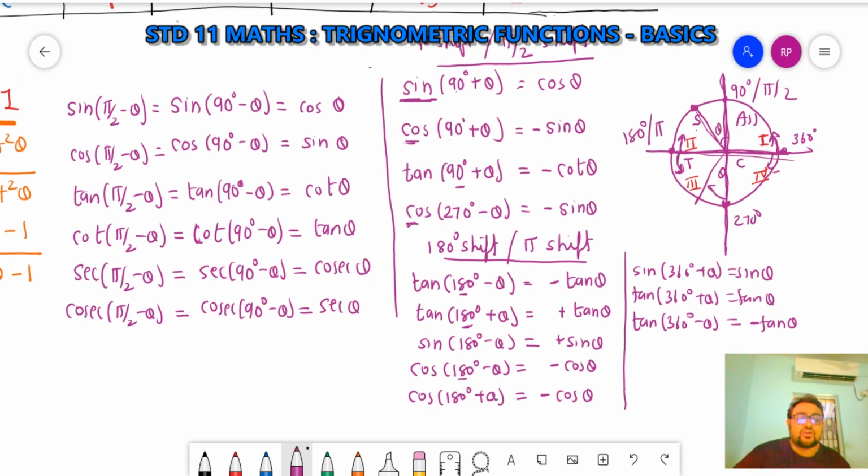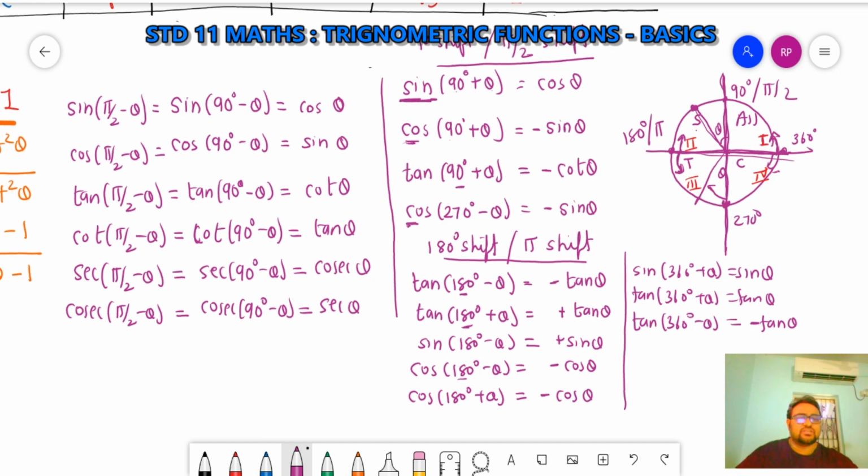But you need to check whether it is the second quadrant or third quadrant. If it is the second quadrant, then sine and cosec will be positive, all other four will be negative. If it is the third quadrant, meaning 180 plus theta, then tan and cot will be positive, all others will be negative. So this was about the 90 degree shift and 180 degree shift.